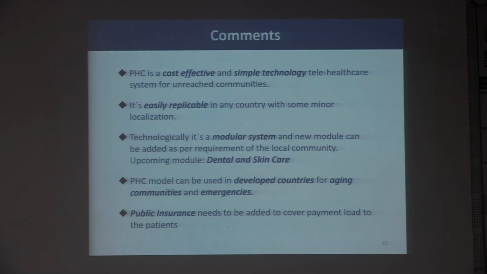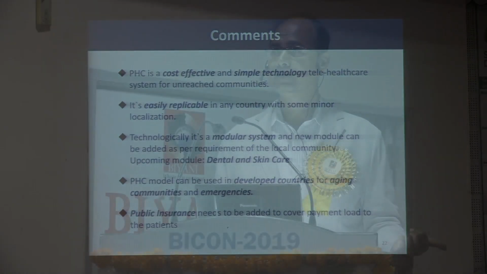The country needs a public insurance policy so that a part of that cost can be covered. And the good thing in Bangladesh, and I believe in many other countries, is that the government is thinking about public insurance. Once this public insurance is in action, the load on ordinary rural people will be reduced, and this system can be more useful and usable.